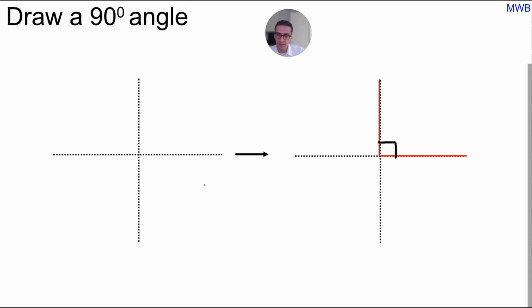When you have that, we're going to be looking at some examples of how we can use these right angles to help us estimate other sizes. The 90 degree angle is relatively straightforward to draw, and you're going to see why this is useful.